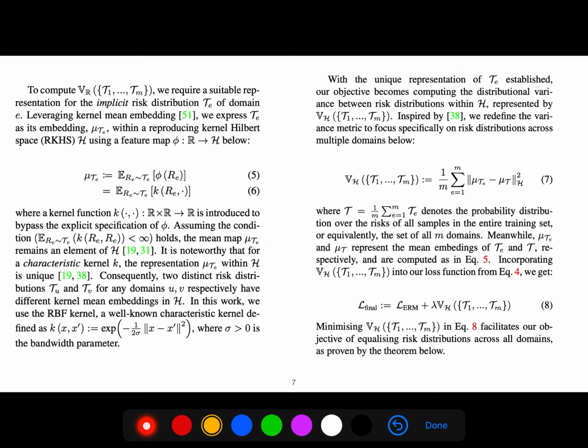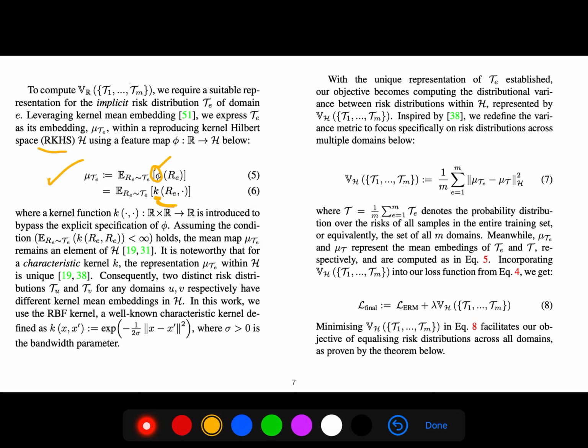I have a playlist for reproducing kernel Hilbert space. So here we are just using a feature map phi, and this is the mean with a kernel function k. This k is introduced to bypass explicit specification of phi. So in practice, we never use phi. We have a kernel trick.